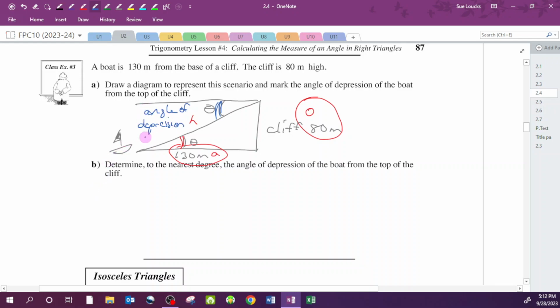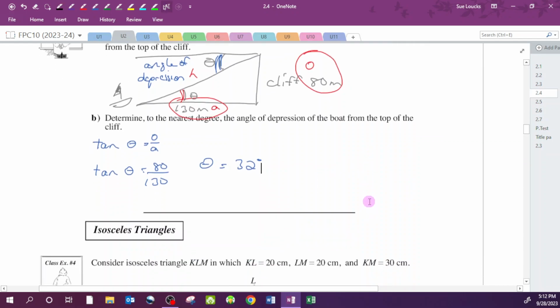Terrible writing today. Okay, but now that I've done my circling up, I've got opposite and adjacent. That means I'm going to use tan, because tan theta is opposite over adjacent. So tan theta is going to be 80 over 130. So theta is 32 degrees.